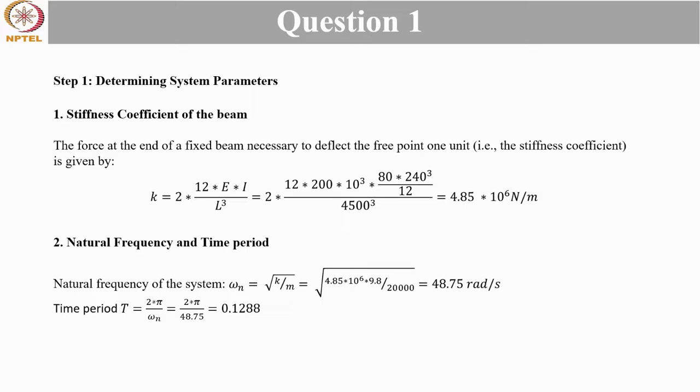Mass is nothing but weight upon acceleration due to gravity, which is 9.8 meter per second square. So substituting all the values, we get natural frequency as 48.75 radian per second, and thus time period is nothing but 2 pi by omega n. So 2 pi upon 48.75, so it will come out to be 0.1288 seconds. Okay, so these are some values that we can derive from the question.